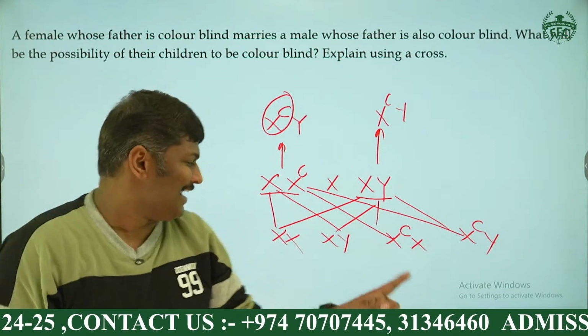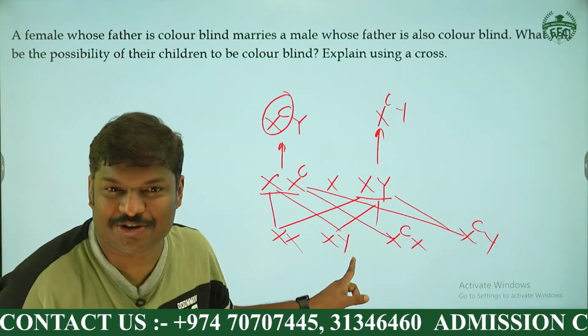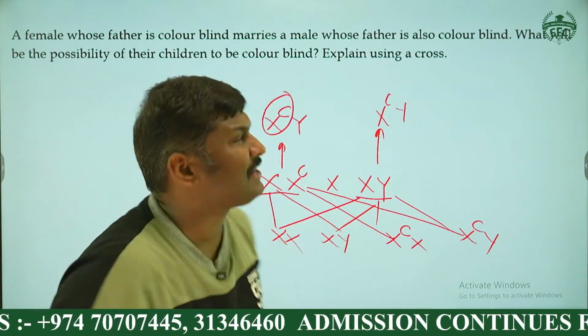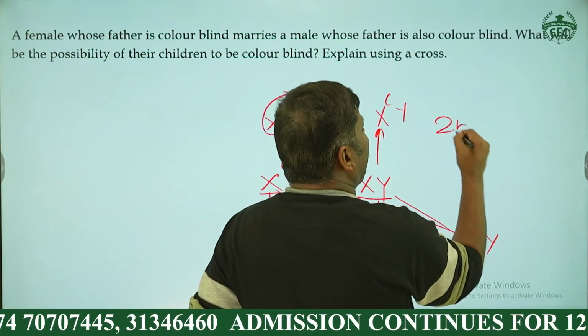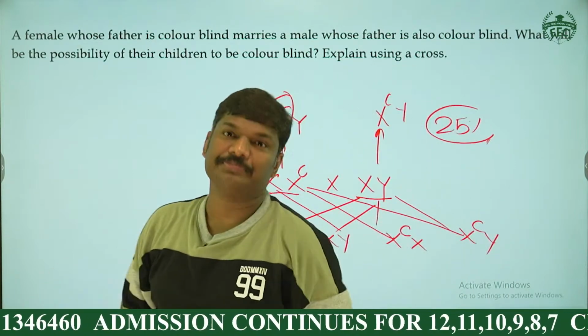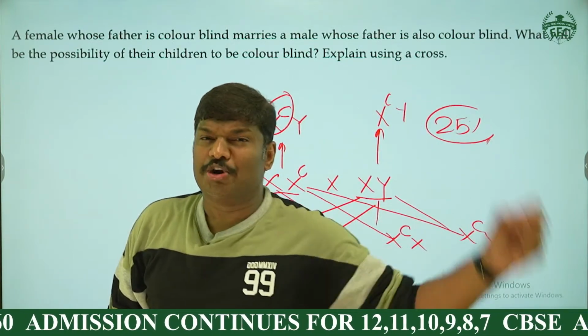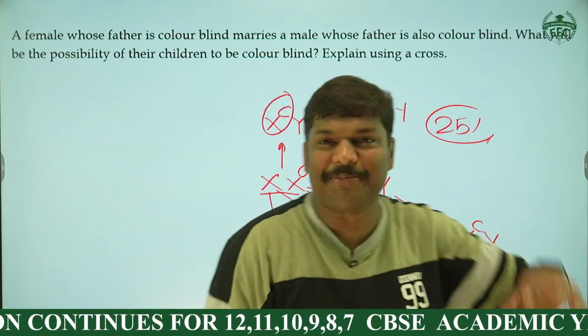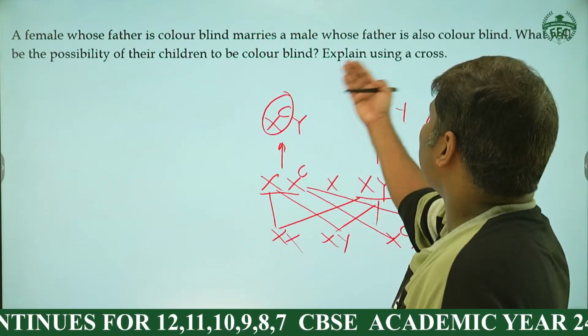The first one is not colorblind, second is not colorblind, third is not colorblind, the fourth one is colorblind. So the possibility is 25% of their children, 1 by 4, are having the possibility to become colorblind, my dear student. That's the question. You explain using a cross.